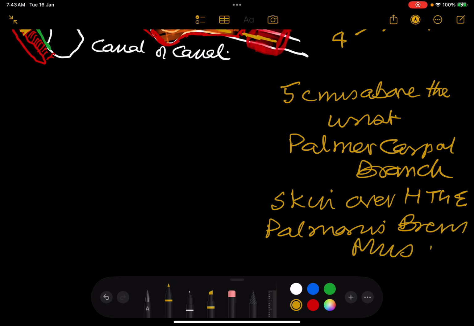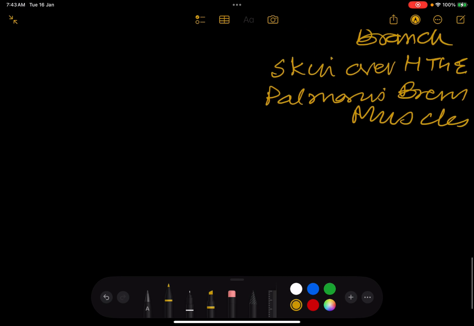So this finishes the course of the ulnar nerve in the forearm. Now we come to the wrist.